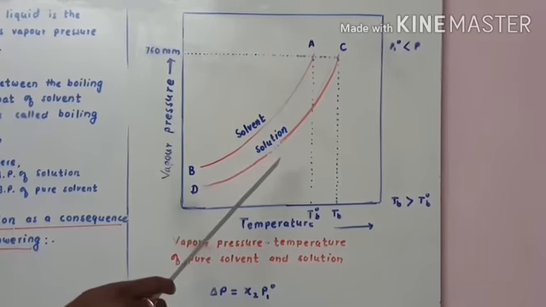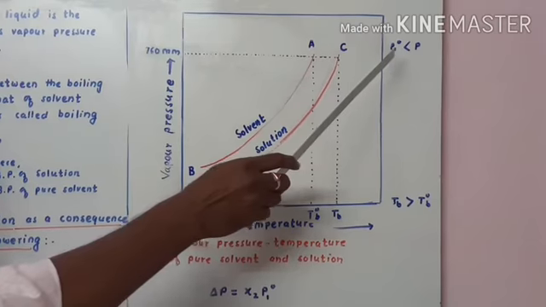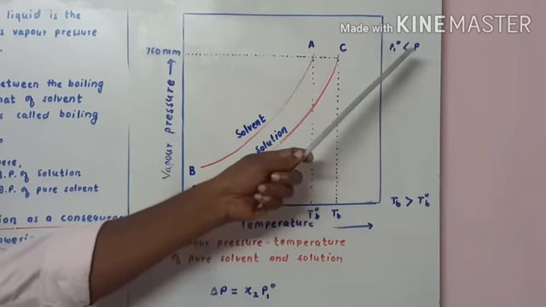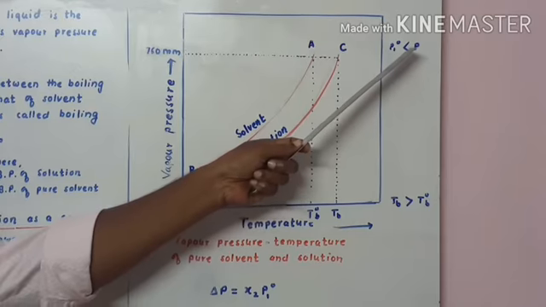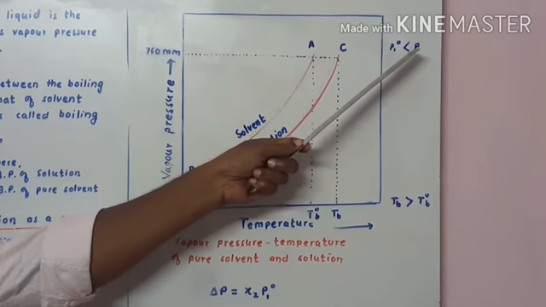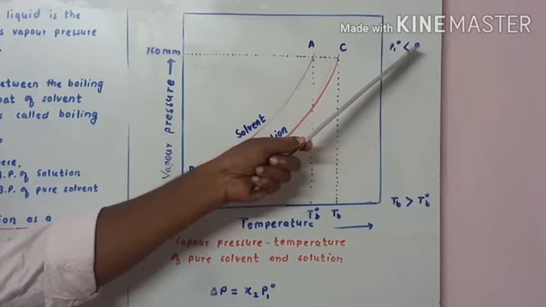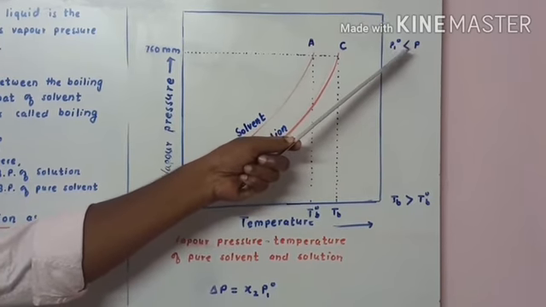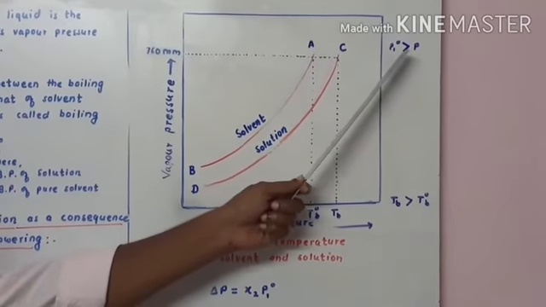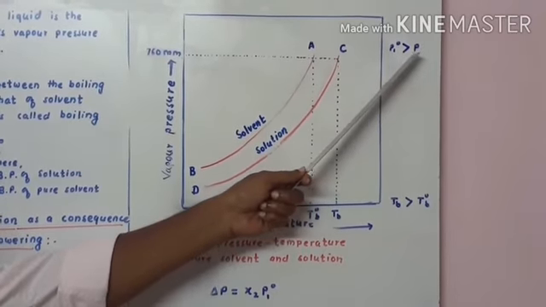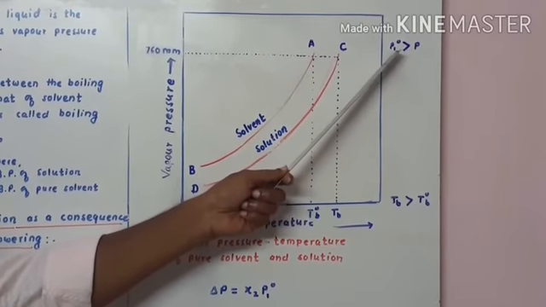Now at any given temperature, the vapor pressure of the solution is lower than the vapor pressure of the pure solvent.